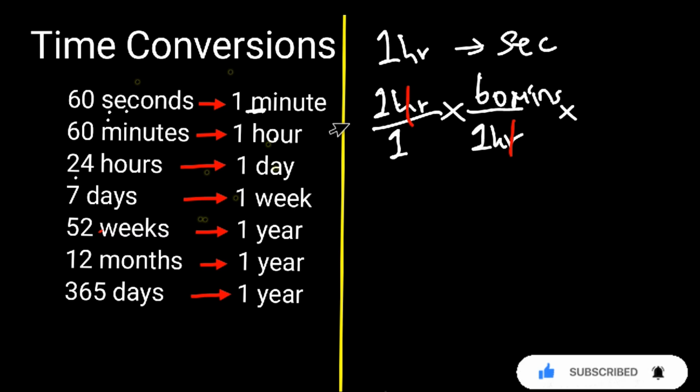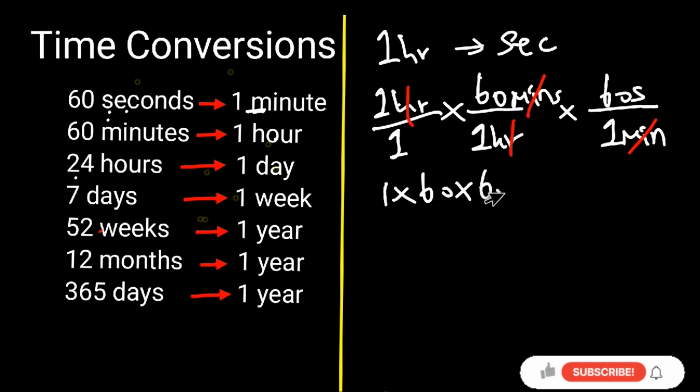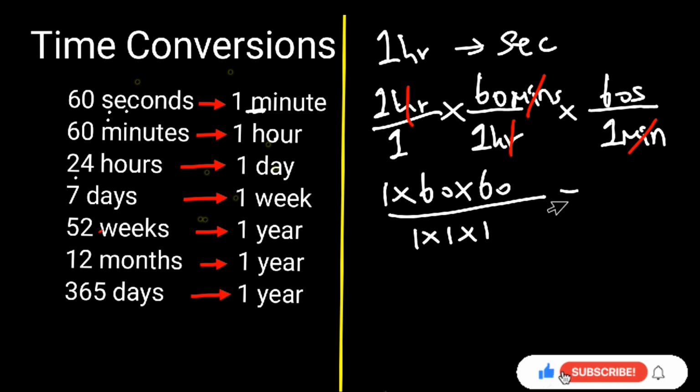From our table here, 60 seconds make 1 minute, so that minutes and minutes will cancel. And so in the end we have 1 times 60 times 60 all over 1 times 1 times 1, and then 60 times 60 is equal to 3600 seconds, which we have up there.